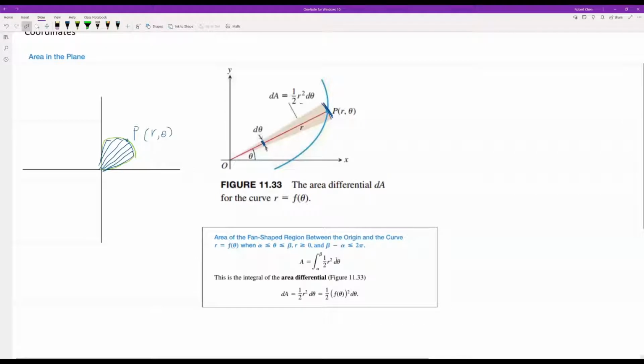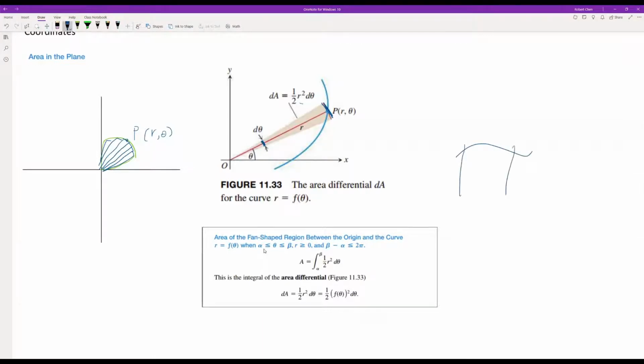Now the area in a fan-shaped region between the origin and the curve, so in most cases our polar graphs, is going to be the integral from alpha to beta of 1/2 r squared d theta. Remember earlier, 1/2 r squared d theta is our area for one little triangle. We want to integrate it from alpha to beta, where alpha and beta are our theta, just like the bounds from a to b when we're looking at a simple graph.